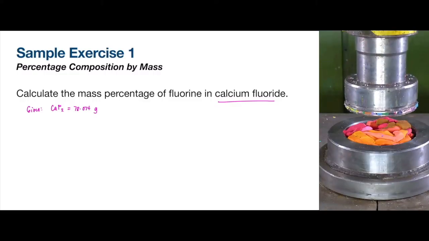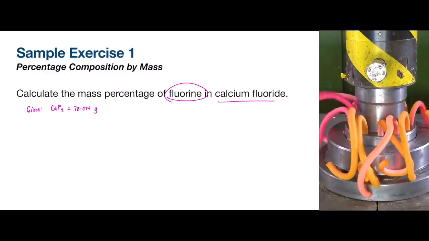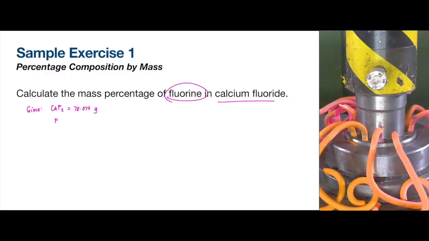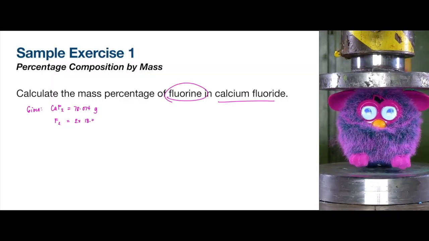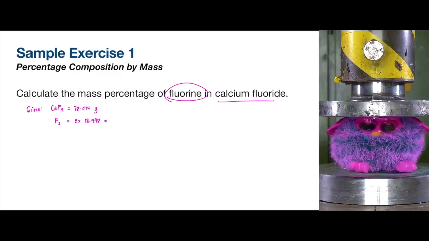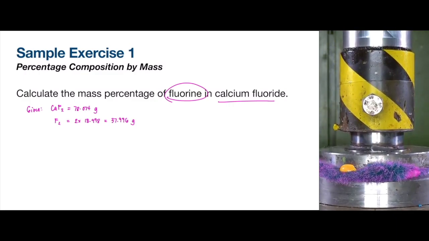On the other hand, we are interested in the mass percentage of fluorine only. We know that fluorine is F2, and its mass is 2 times 18.998, which is equal to 37.996 grams.